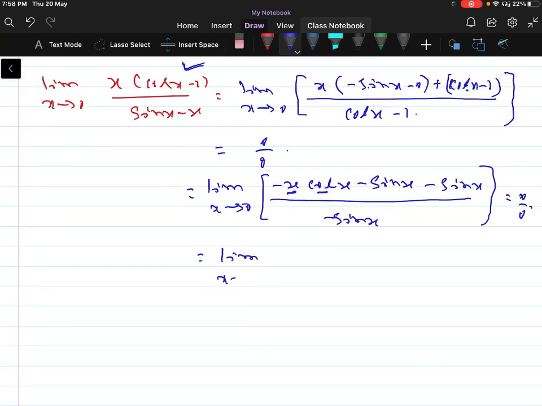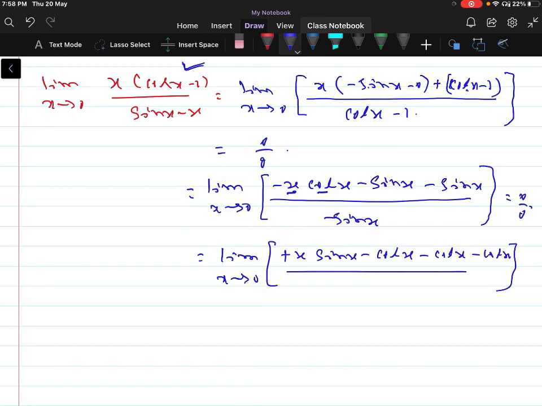So the limit as x approaches 0 of minus x into cos x differentiation, minus sin x, that becomes plus sin x, so minus cos x into x differentiation 1, minus cos x, minus cos x, divided by minus sin x differentiation, minus cos x.